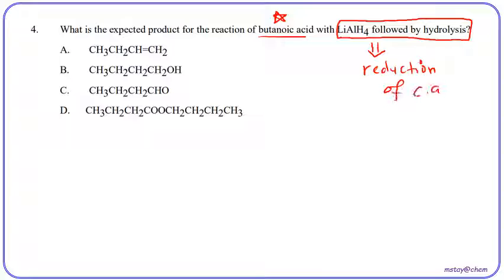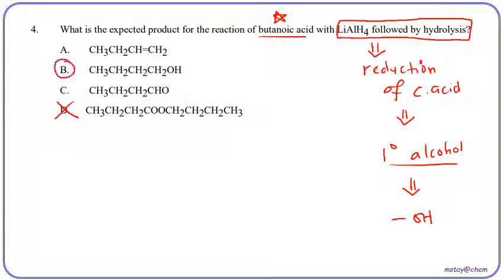Reduction of carboxylic acid will produce a primary alcohol. So definitely the number of carbons will not change, so option D, very obvious, is wrong. We are looking for the alcohol, whose functional group is hydroxyl. So we can know that the answer is B.